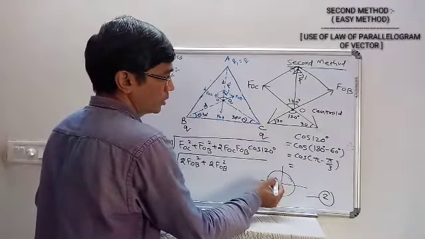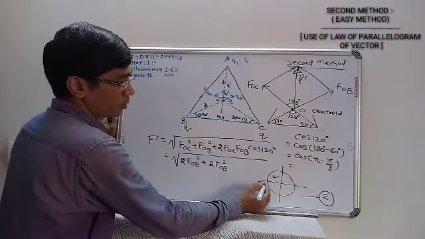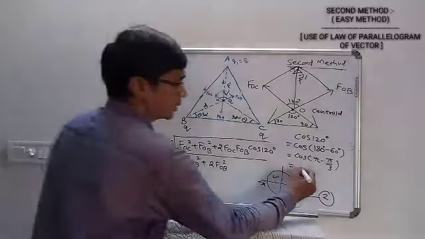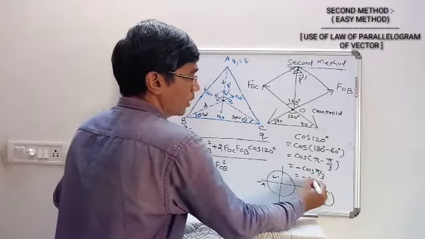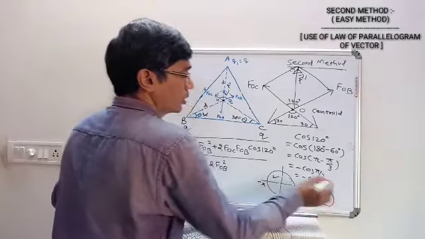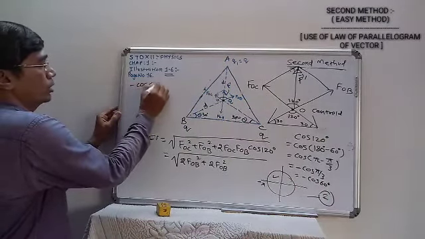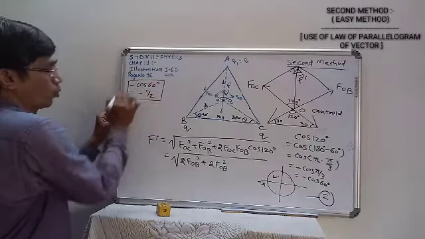So it comes in the second quadrant. In the second quadrant, cos is negative. So we can write it is minus cos pi by 3, or minus cos 60 degree. Minus cos 60 degree is equal to minus 1 by 2.